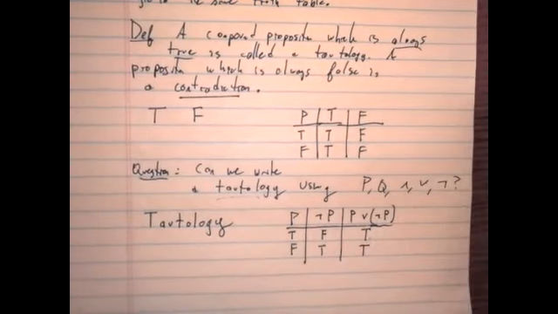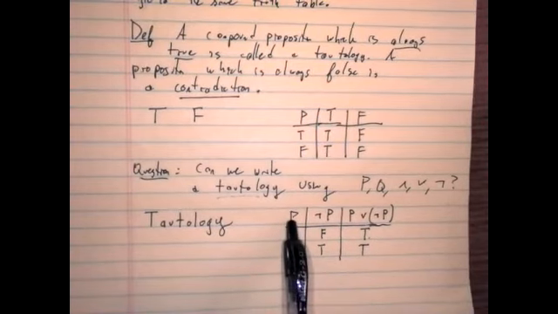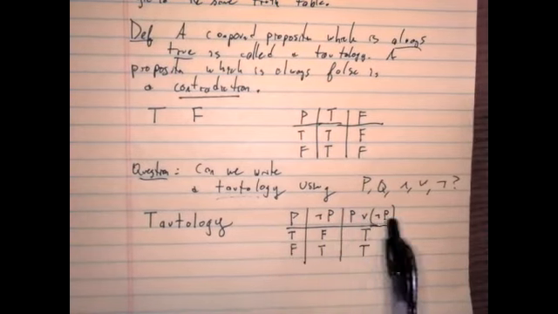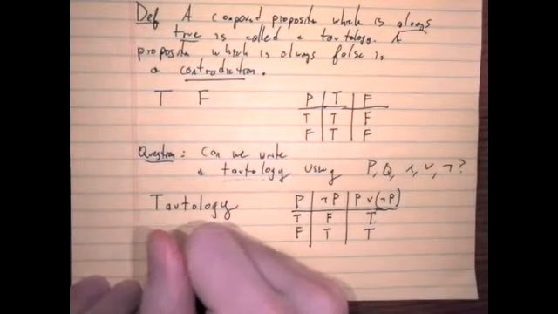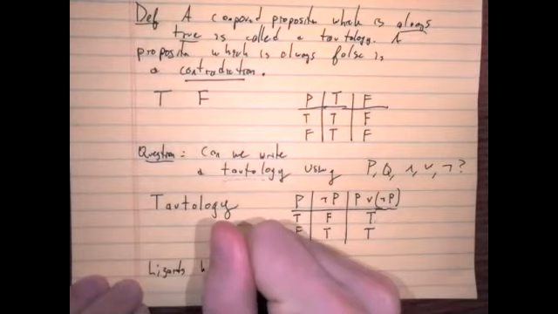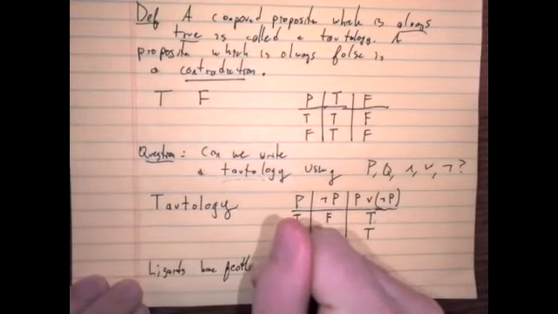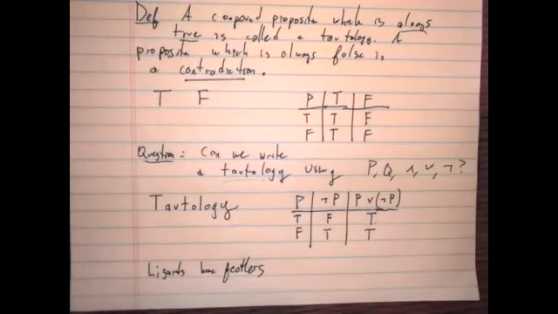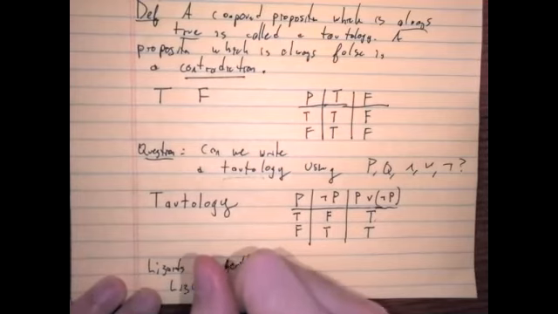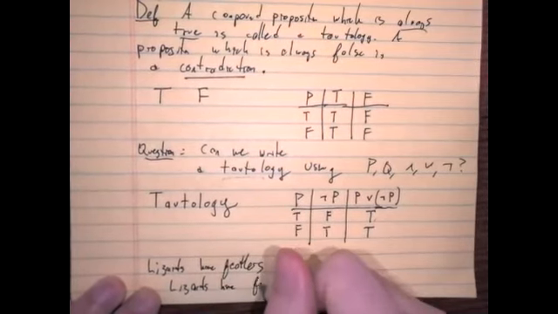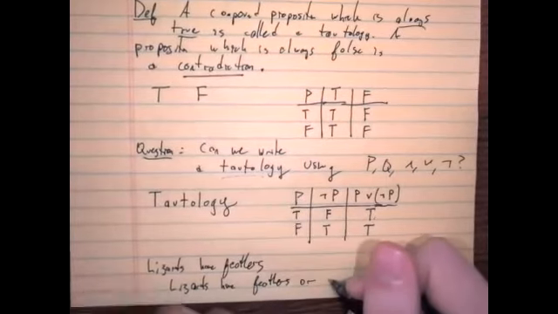Yes, exactly. So one way to build a tautology logically is to take any proposition and then take the disjunction with its negation. And this makes sense because recall that all propositions have to be either true or false. So I can take any proposition like lizards have feathers, and I can immediately make a proposition which is always true by making the proposition lizards have feathers or lizards do not have feathers.